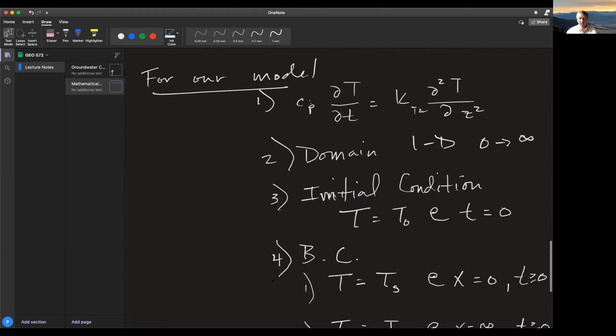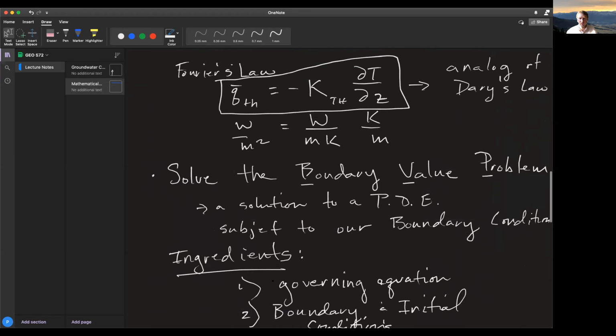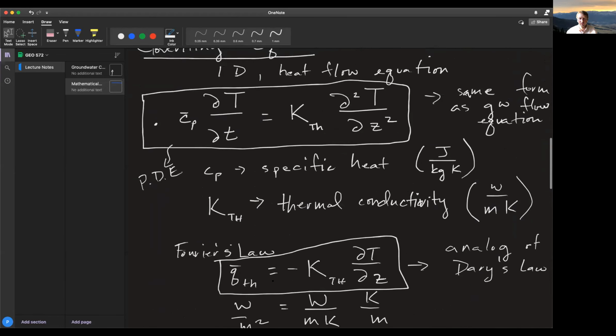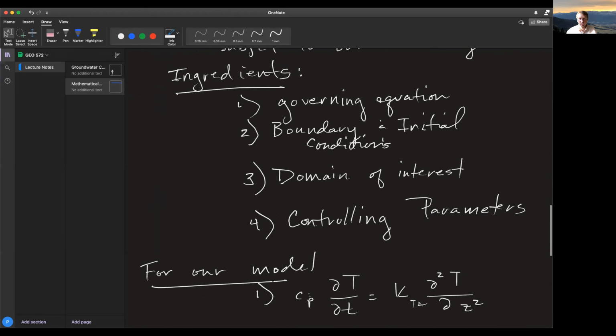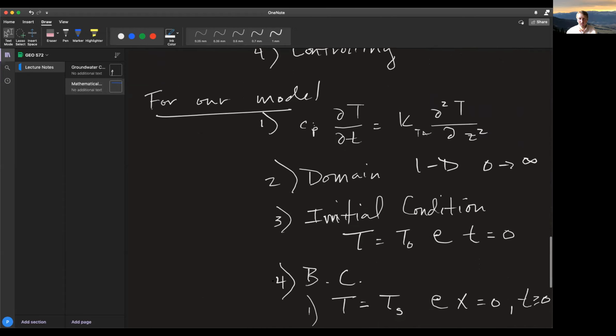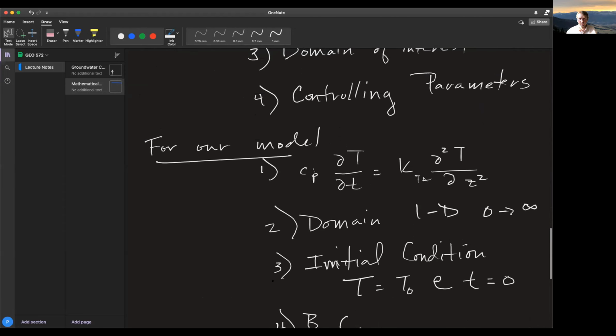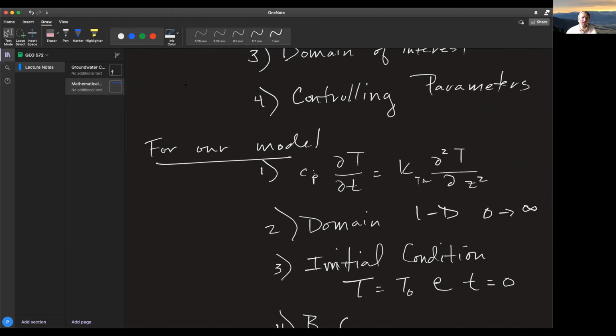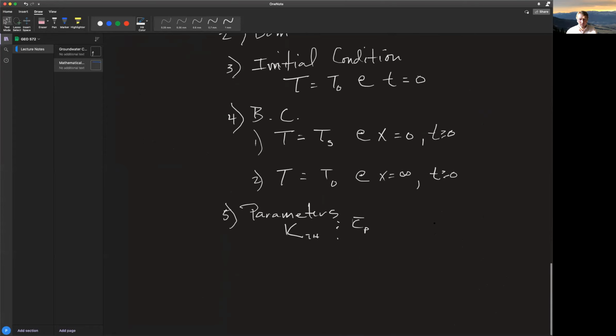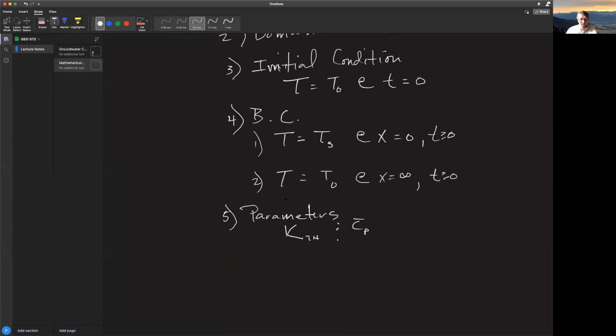So what we have to do now is solve this equation subject to these boundary conditions. To do that, we're going to develop an analytical solution.